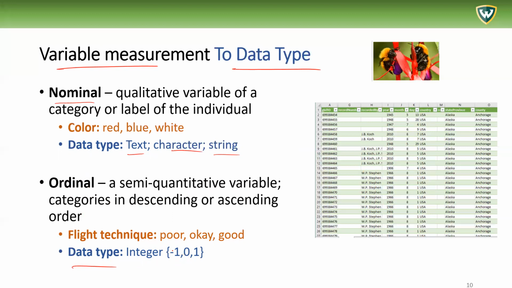Then we will write somewhere in the metadata and the explanation of the data that -1 refers to poor, 0 refers to okay, 1 refers to good. And of course, you can imagine we can keep adding: 2 is great, and -2 is really poor. Now, this can be more or less appropriate, but this is what often happens.